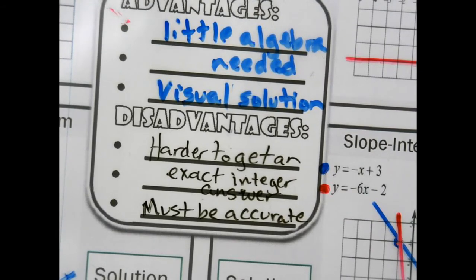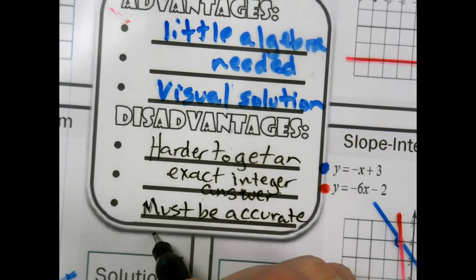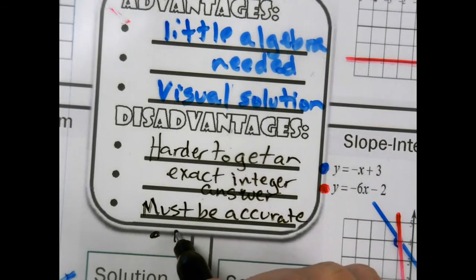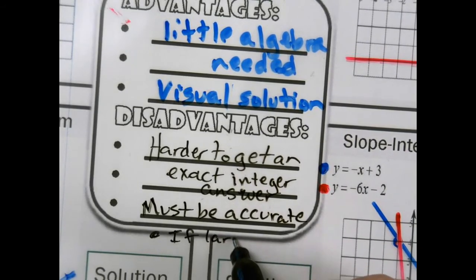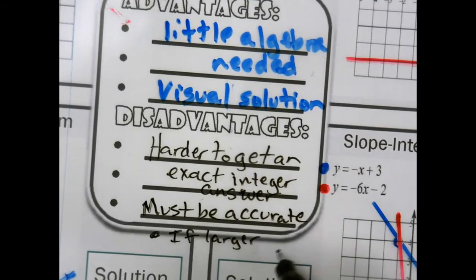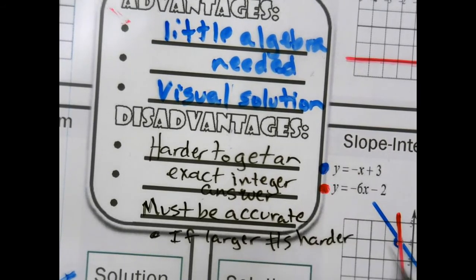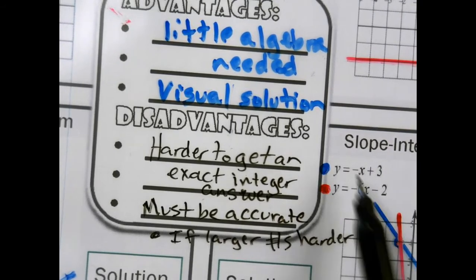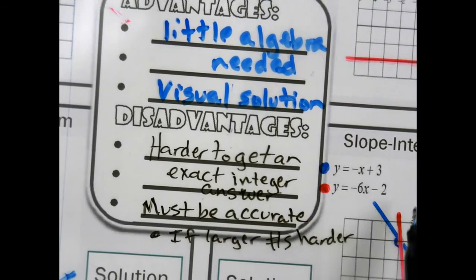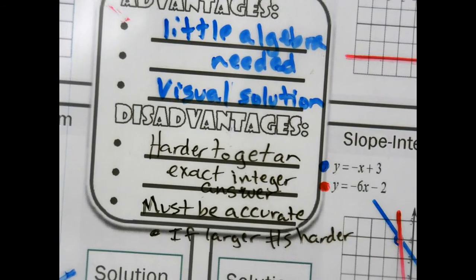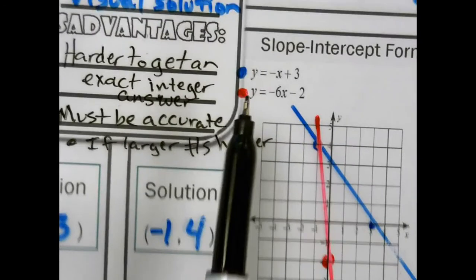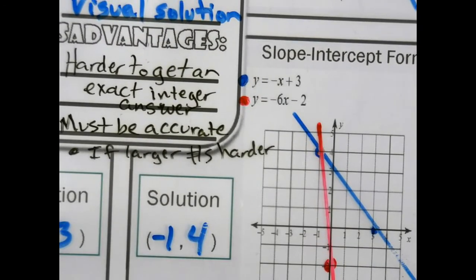And one other disadvantage is that if it has large numbers, then it's harder to graph on little graphs. If these numbers were like 16 and 20, we would have a hard time graphing it on our graph that only counts to 5 on each side.